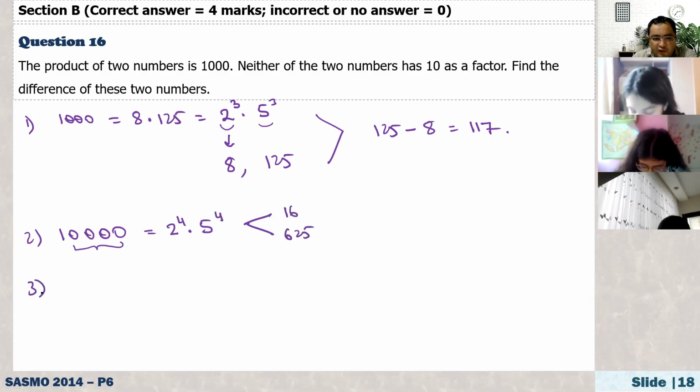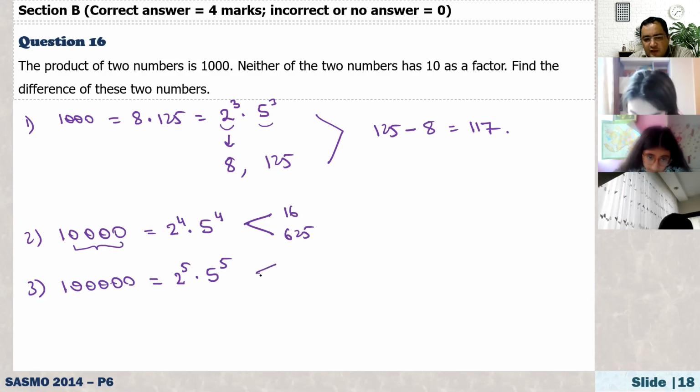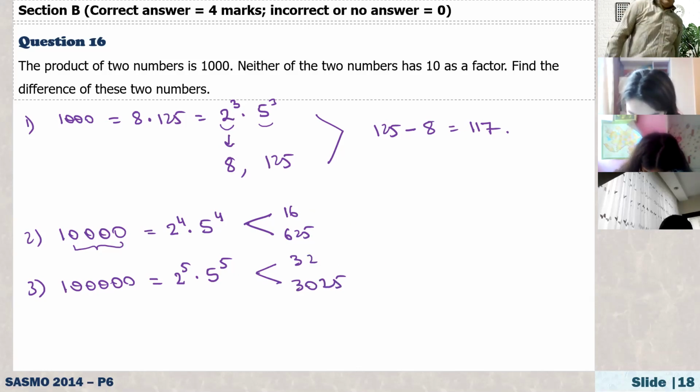And how about 100,000? That is again 2 to the power of 5 times 5 to the power of 5. Here we have 32 and 5 to the power of 5, that is 3125. And you can find their differences. Okay.